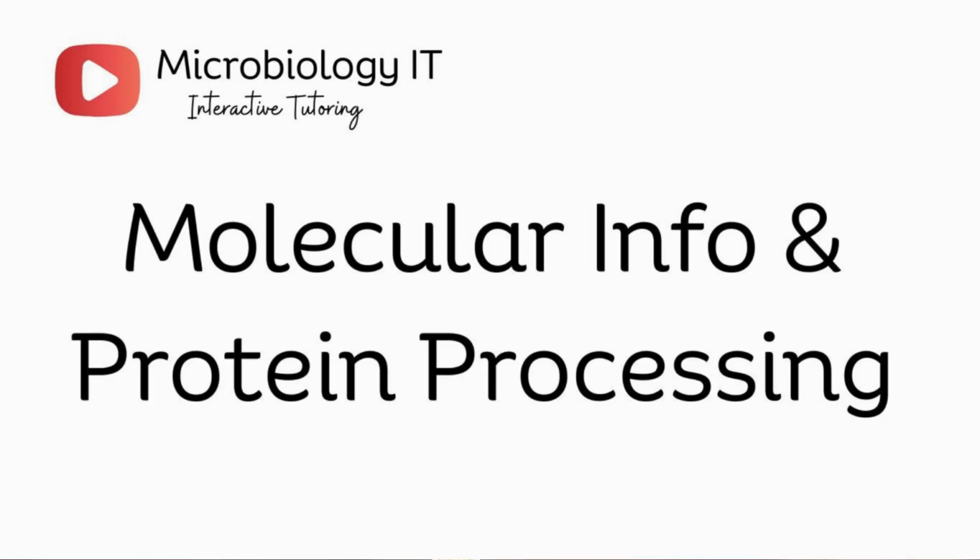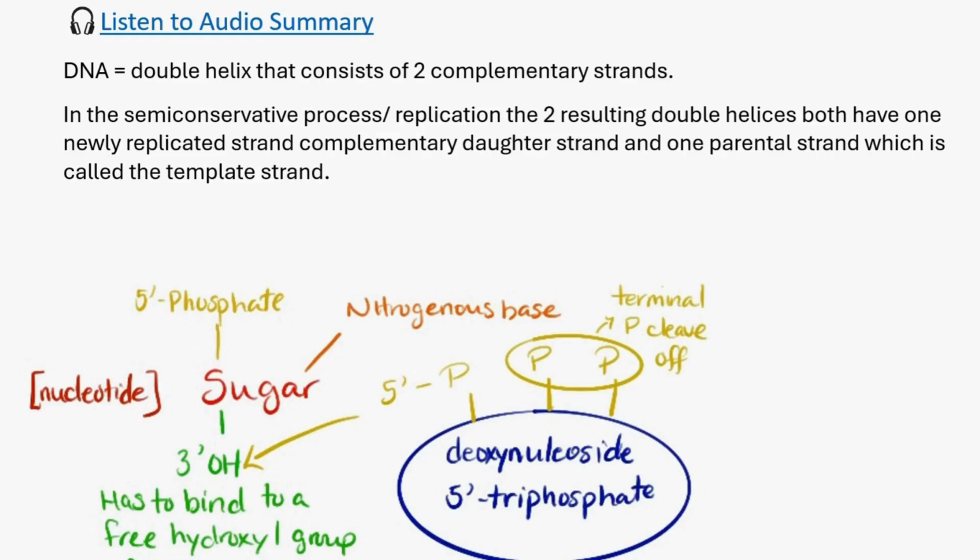DNA replication is a highly coordinated and essential process in all living organisms, ensuring the accurate transmission of genetic information from one generation to the next. This process begins with the double stranded DNA molecule, which is composed of two complementary strands arranged in a double helix.